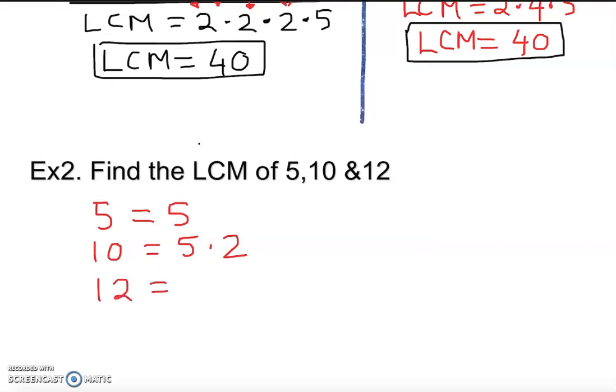12 is a composite number. Now I'm going to break it down into prime numbers. 12 is an even number divisible by 2, so I put down 2 times 6.